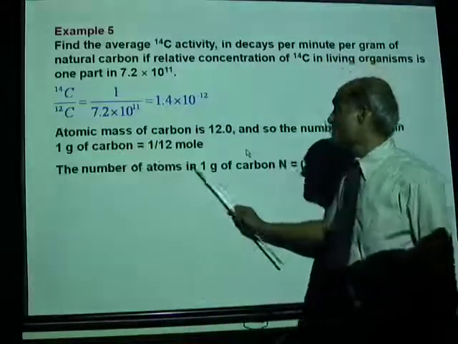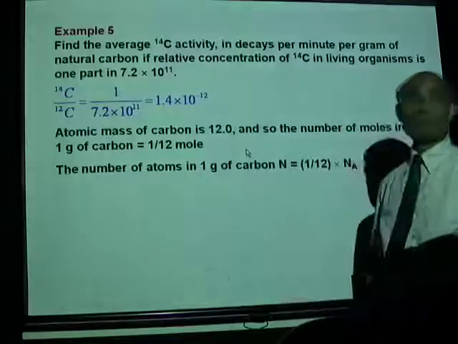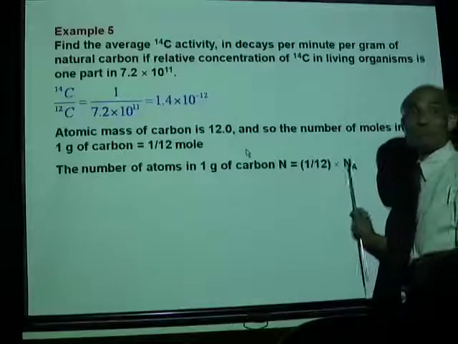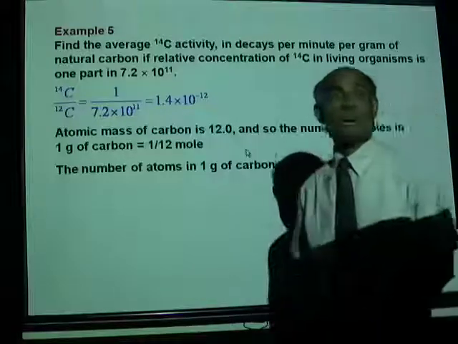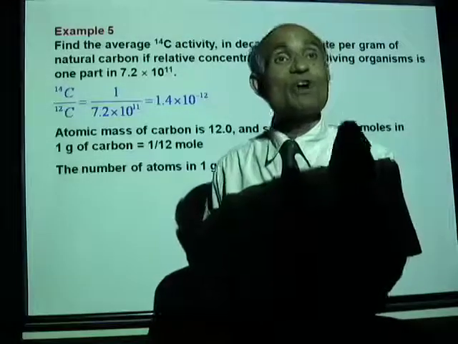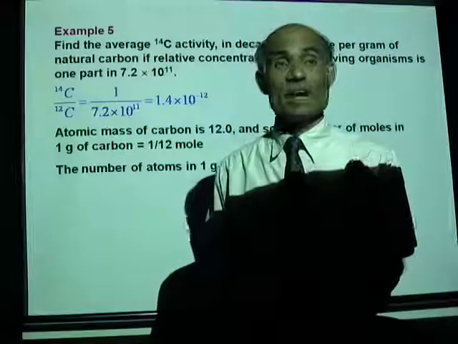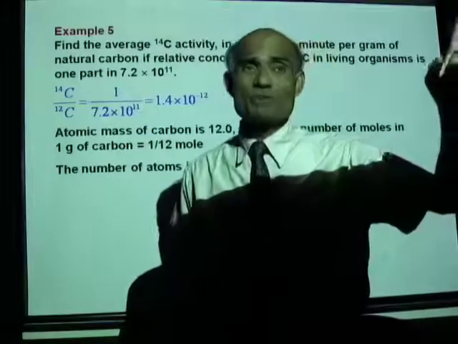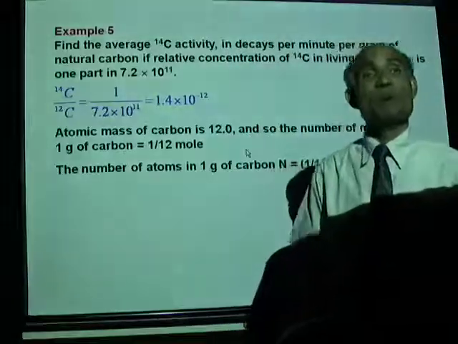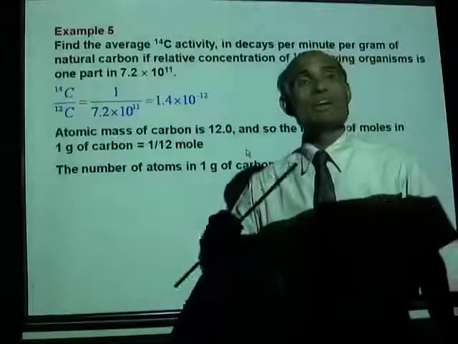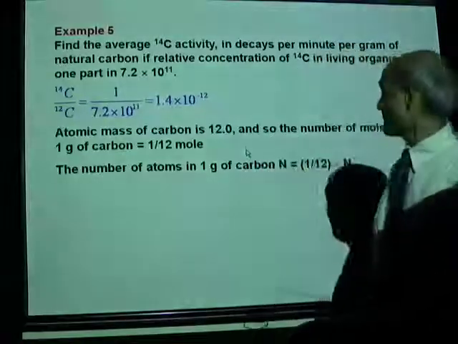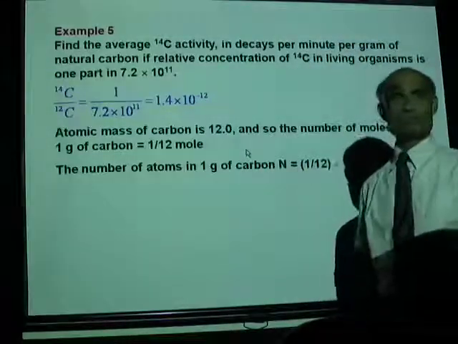Now, the number of atoms in 1 gram of carbon, therefore, is 1/12 of the number of atoms in 1 mole. You know that the number of atoms in 1 mole of a pure substance is called the Avogadro number. We talked about that earlier on in the course, in the first unit. And you know the value of that, don't you?